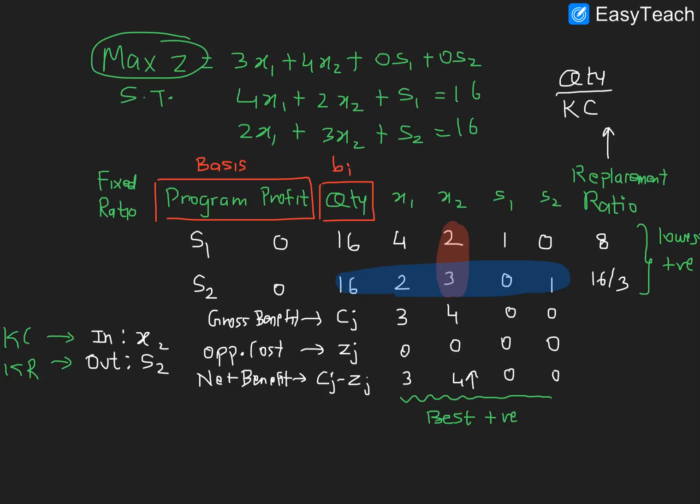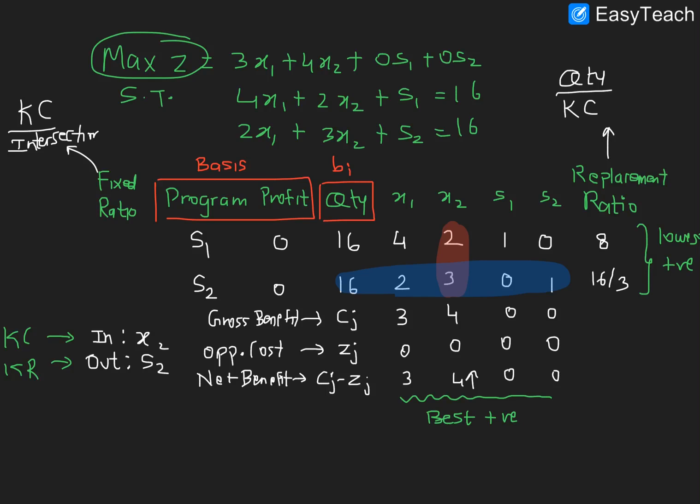Let me just calculate this fixed ratio right now without its logic, but when we go for the second simplex table we will clear out the logic. The formula for calculating fixed ratio is simply your key column divided by the intersection.